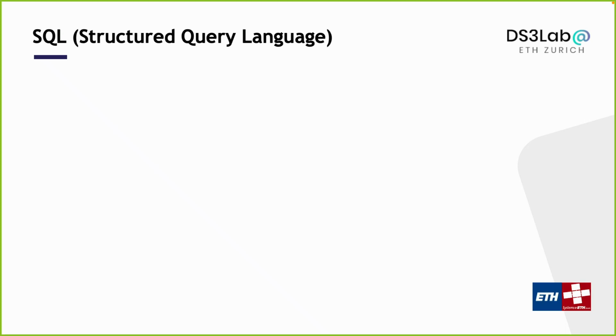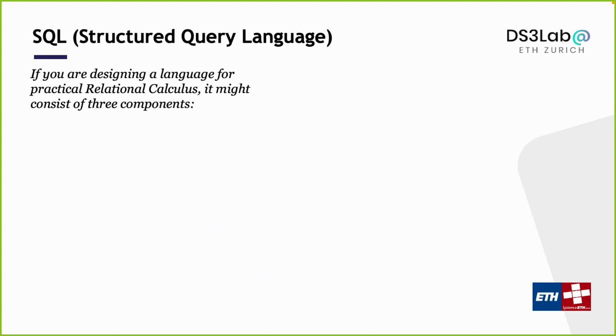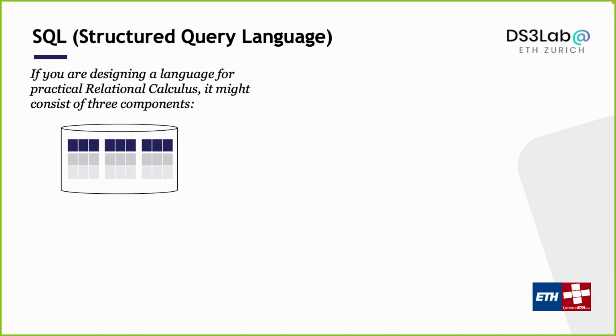What type of system are you going to build? If we start from scratch and try to enable this functionality, you are probably going to have a query language that looks like this with 3 different components. I have a relational database, and then I have a query language to give me an answer. There are 3 things you need to define.